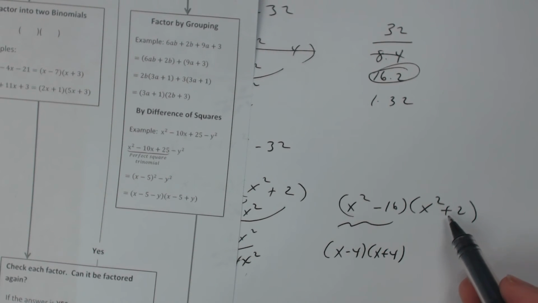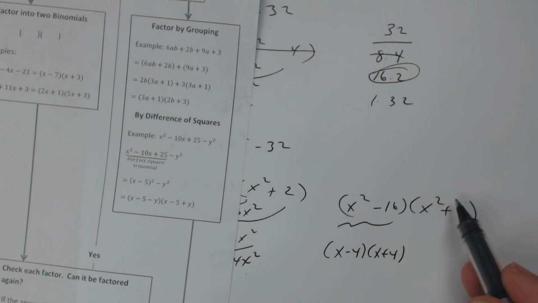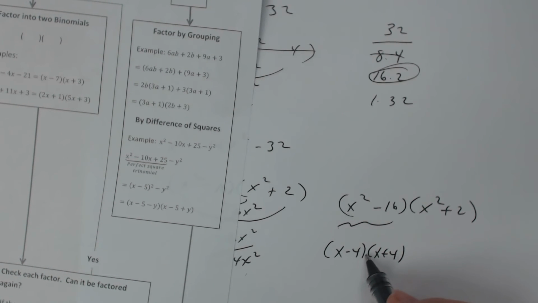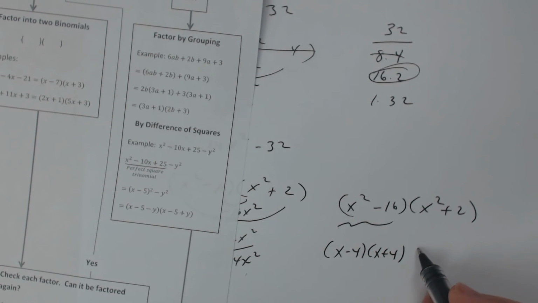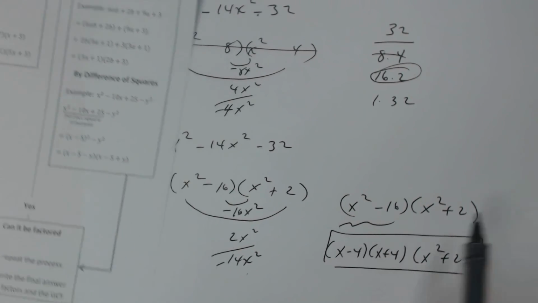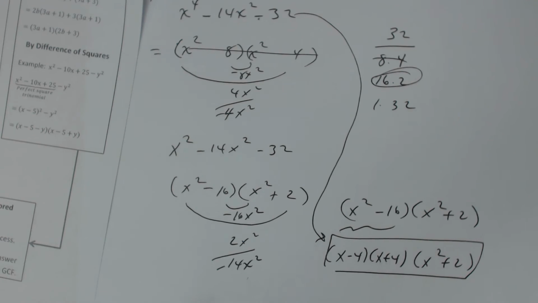So that's not the sum of 2 squares, but I still can't factor anything out. The GCF here is 1. So the answer is x minus 4, x plus 4 times x squared plus 2. So that's your answer.